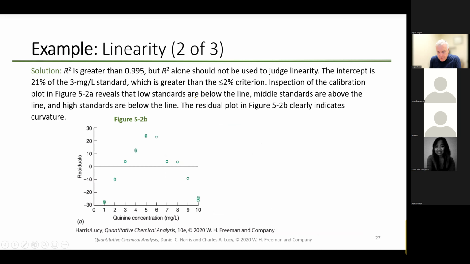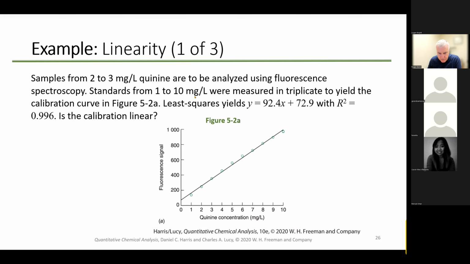The intercept of this is 21% of the 3 mg standard. So that is a big red flag. That means that the intercept of the line is positive, right? Here.